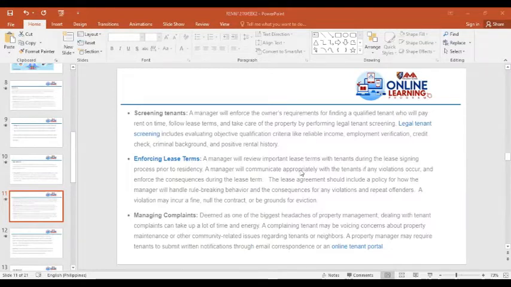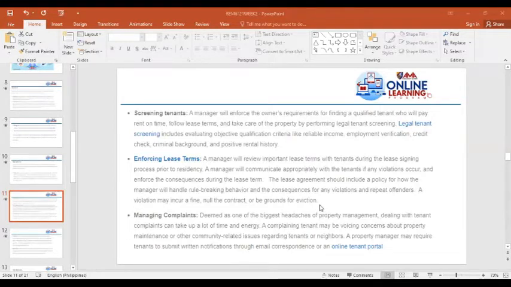So with this, the tenant should give a written notification to the property manager so that his or her complaint mabigyan ng proper actions ng property manager.